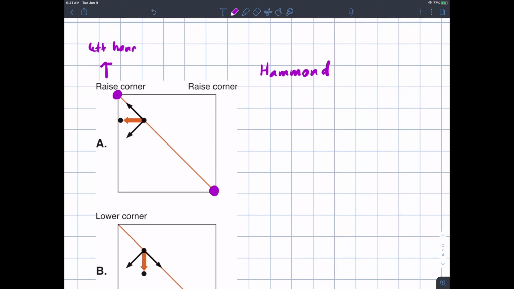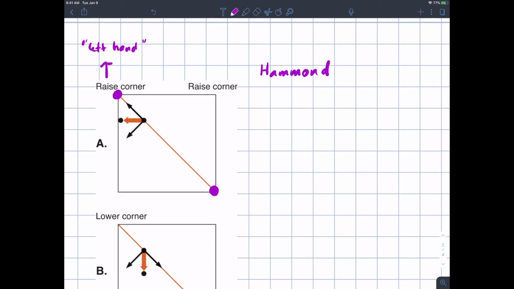Okay, Joshua, we're raising the energy of the left-hand corner. That's destabilizing the starting material, and that should bring the starting material closer in energy to the transition state, which means the transition state is going to start looking a lot more like starting material.